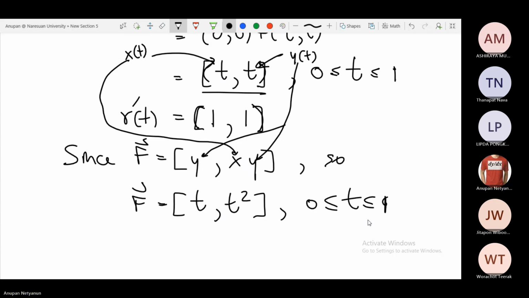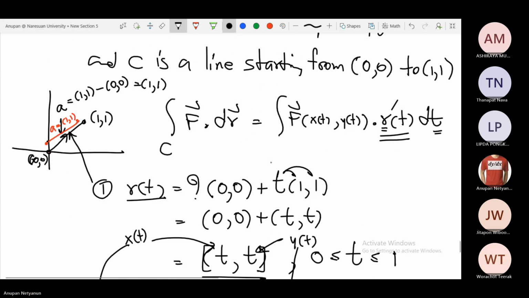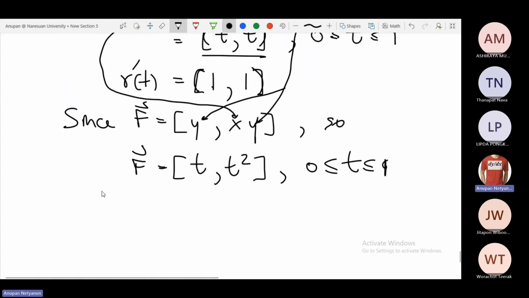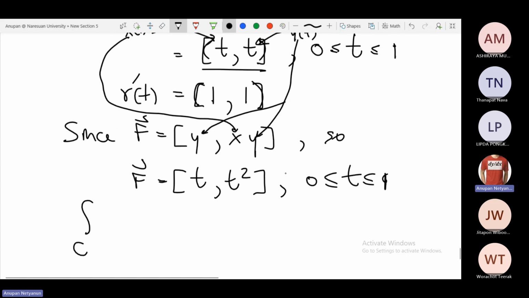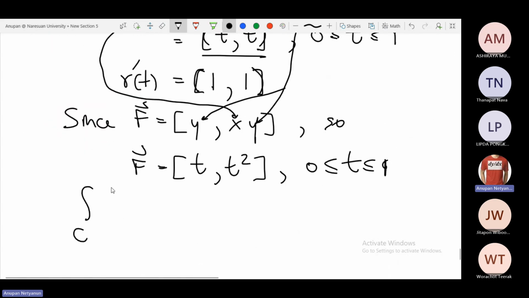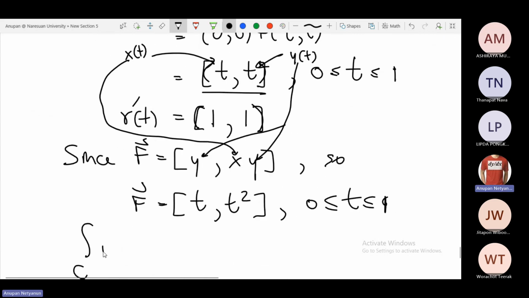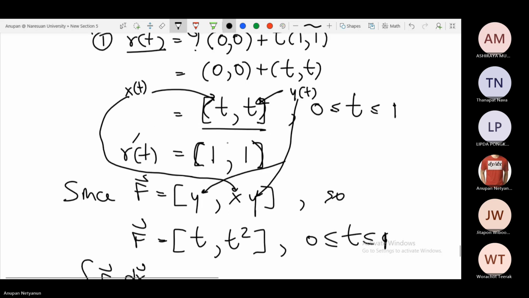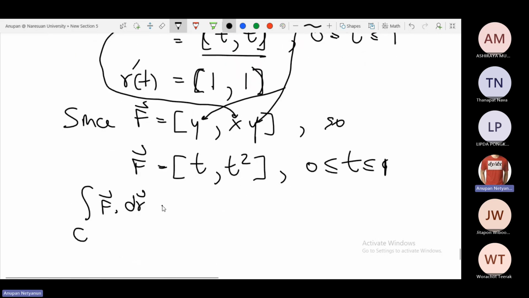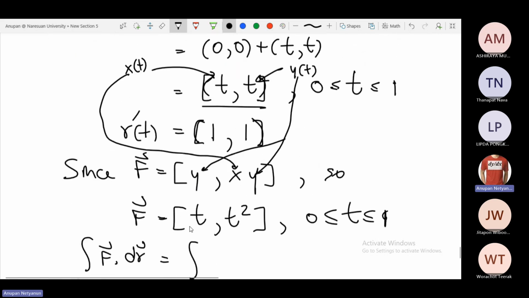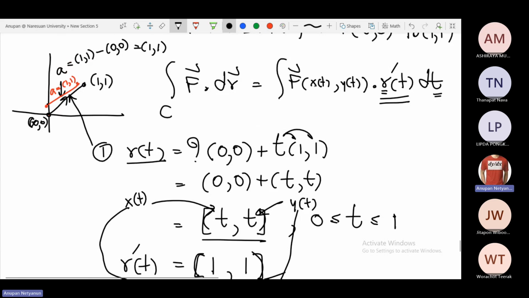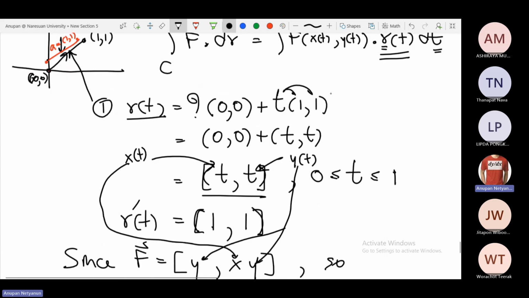Okay, so the integral along the curve C of F dot dr is equal to the integral of F in terms of t, right?